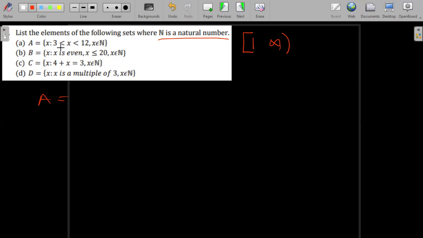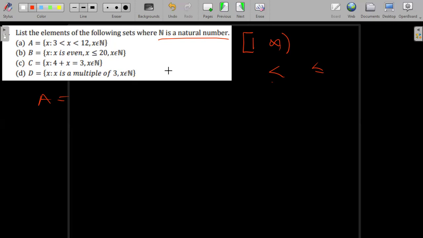But as we can see, there's a less than sign with no equal to part. Since it's just less than, it implies that 3 and 12 are not part of this set.